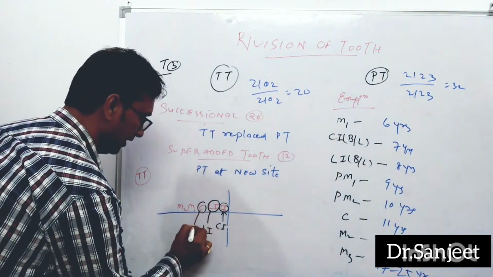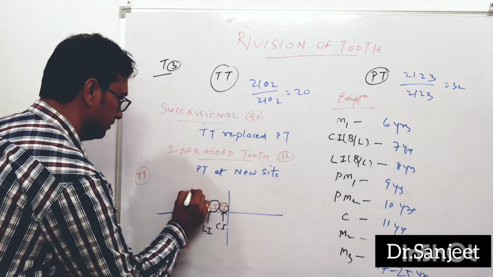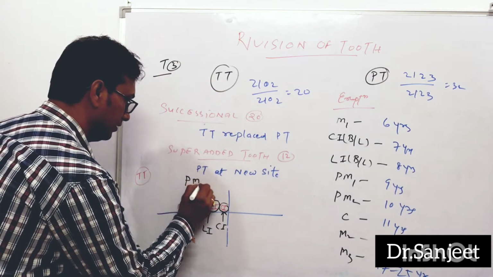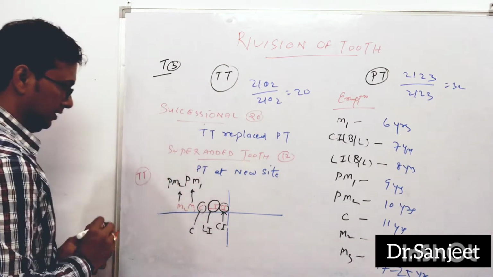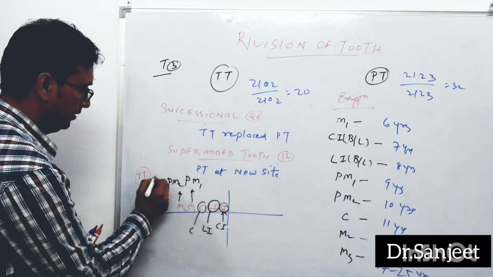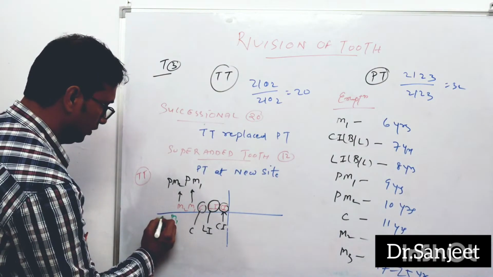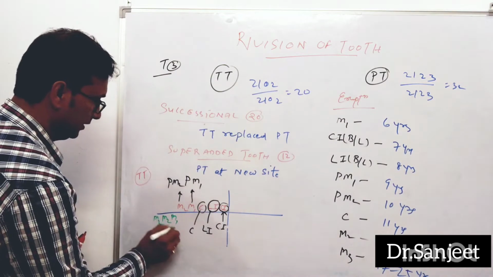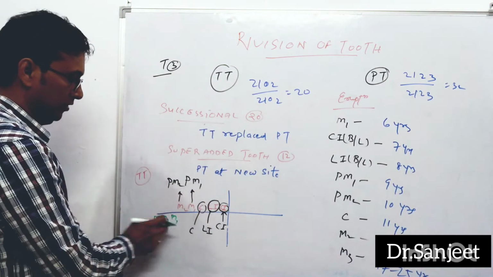Canine replaced by canine. Then molar 1 replaced by premolar 1. Molar 2 replaced by premolar 2. And molar 1, molar 2 and molar 3 come at a different site. So this is superadded tooth. This is the successional tooth, 20 number, 12 number.